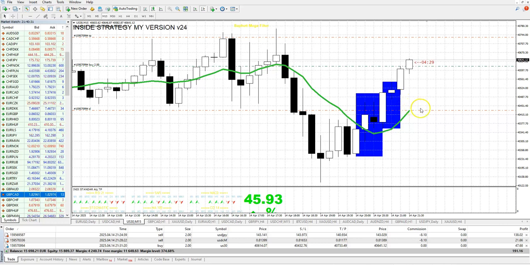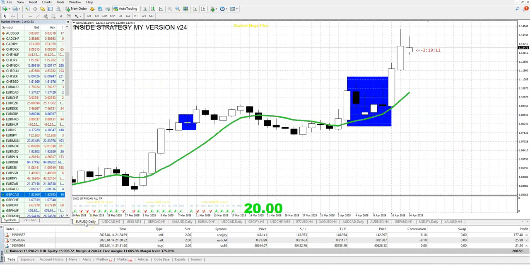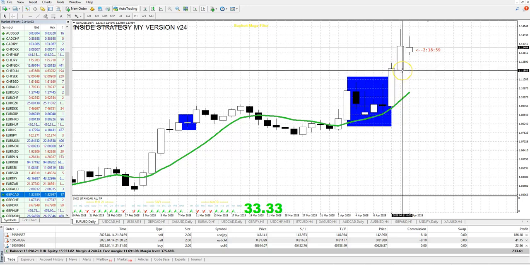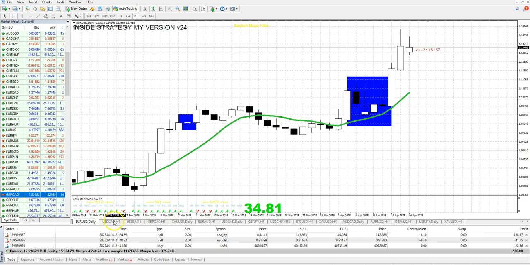Blue box only for buy, price must break the blue box, and after the candle which broke it, you need to wait for the open of the next one, and if the price is over the moving average, and this is in green too, the higher the better, then you enter the trade. Like here, we are late, the blue box breaks out, and here we should enter the trade.